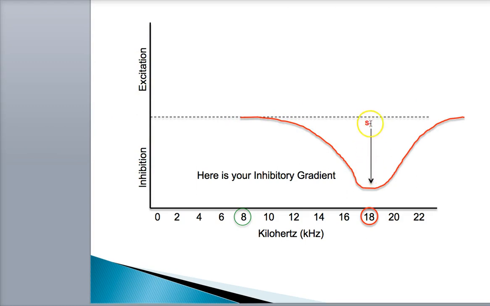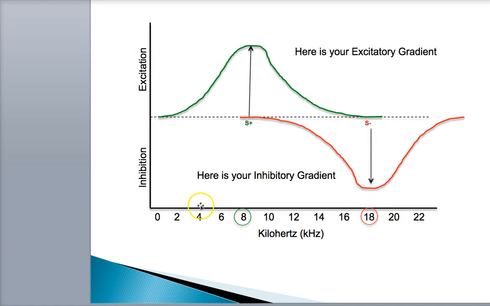So our inhibitory gradient peaked over 18 kilohertz, which is our S minus. So when we put these together, we now have both gradients, an excitatory gradient over 8 kilohertz, or S plus, an inhibitory gradient over 18 kilohertz.